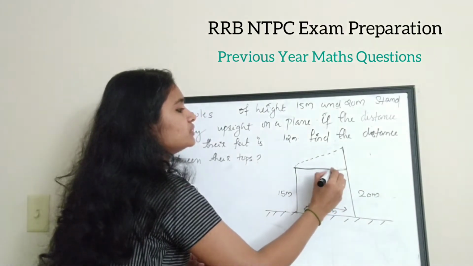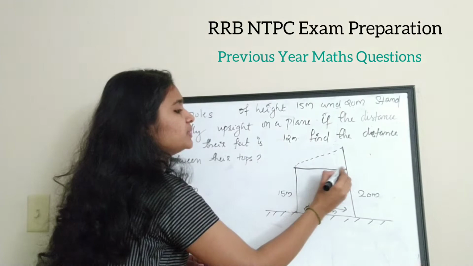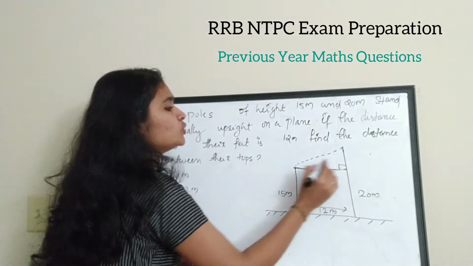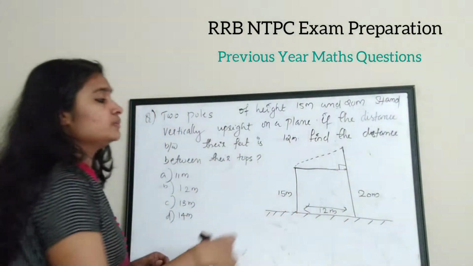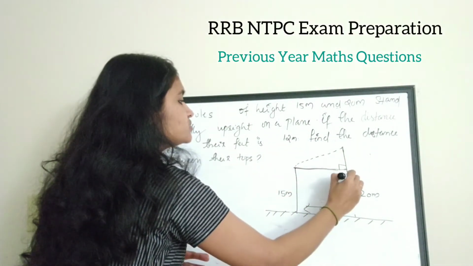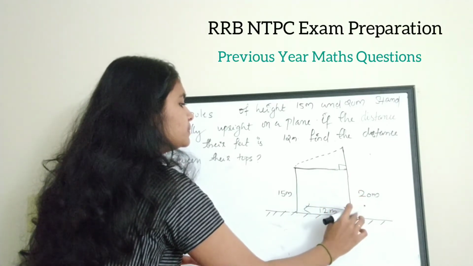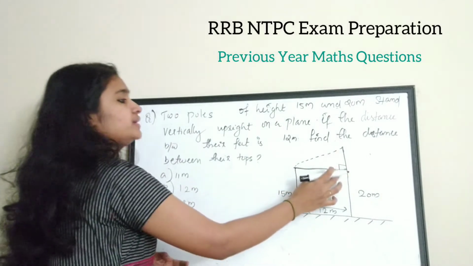Okay, so this line is little bit slanting, sorry for that. Anyway, it should be perpendicular because they are standing upright. Now this is 90 degree.